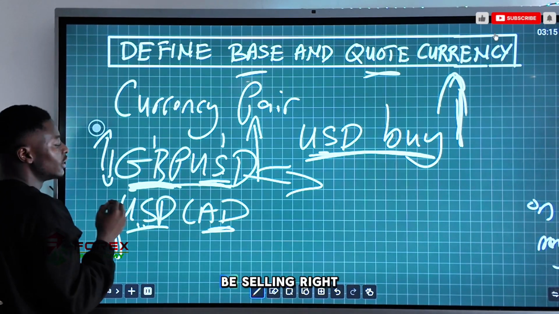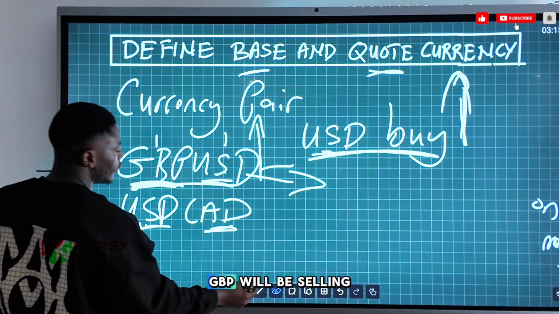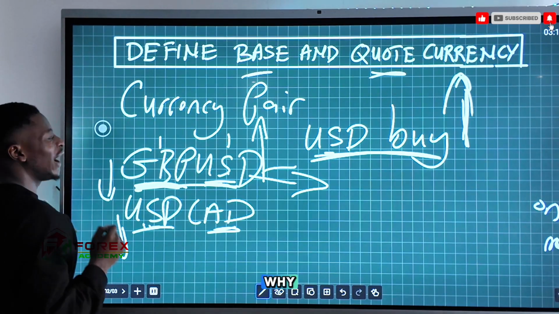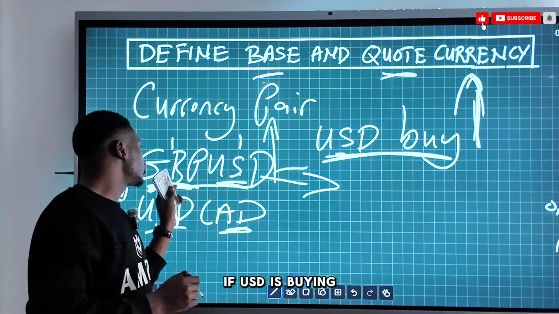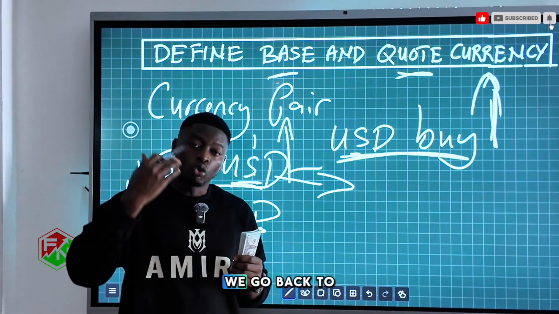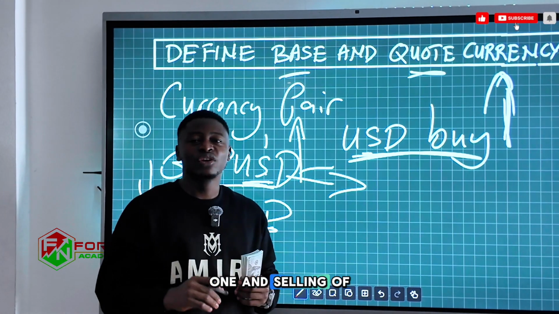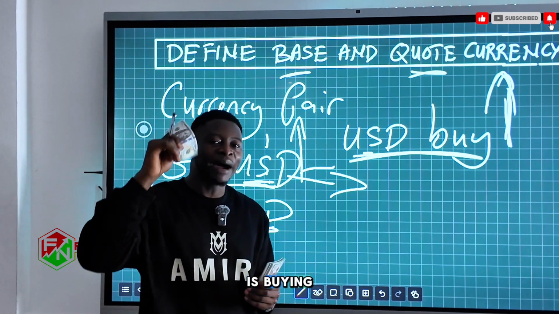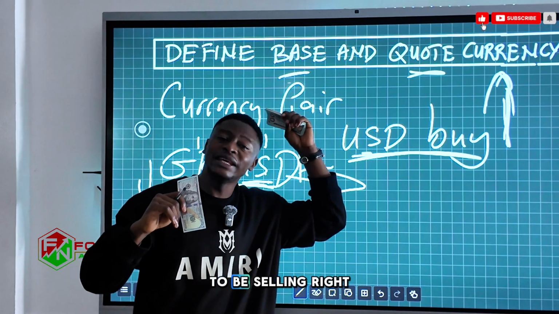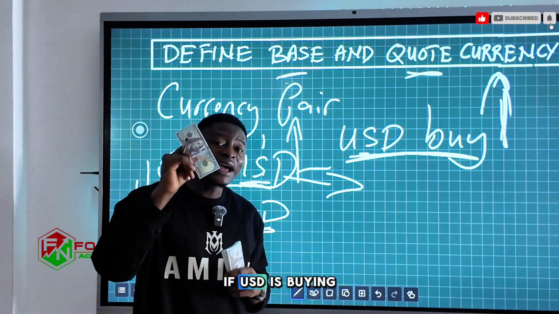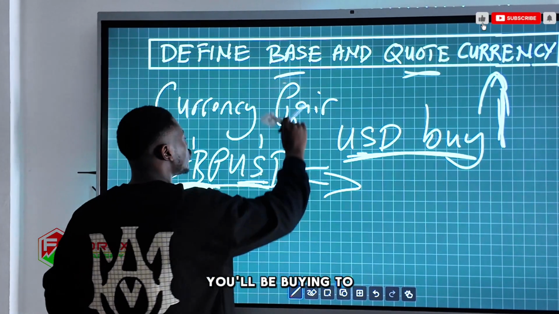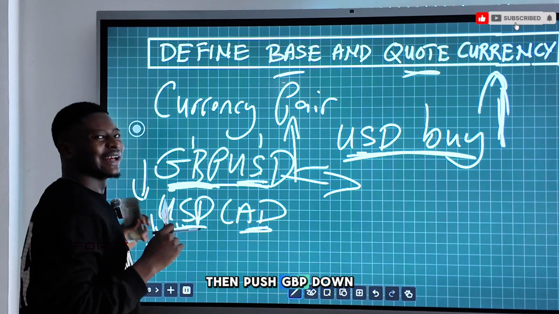GBP is going to be selling, right? Why? We'll go back to the definition of forex trading: the simultaneous buying of one and selling of another. So if this one is buying, this other currency has to be selling. If USD is buying to the upside, then it pushes GBP down.